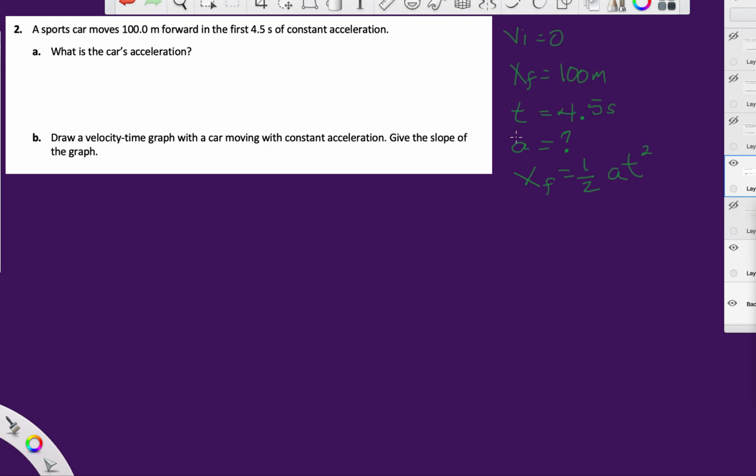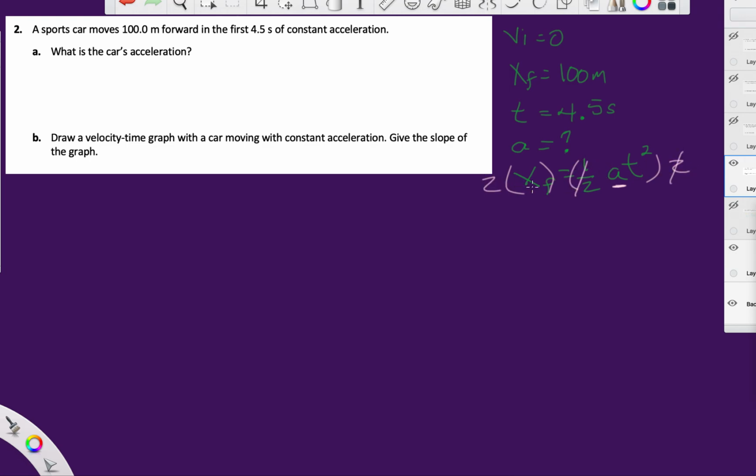Now, here's my problem, right? I'm not solving for final displacement. I have that number. I need to solve for acceleration. It says, what is the car's acceleration? So what I'm going to do is multiply by 2, because that gets rid of this half. Multiply by 2, multiply by 2.